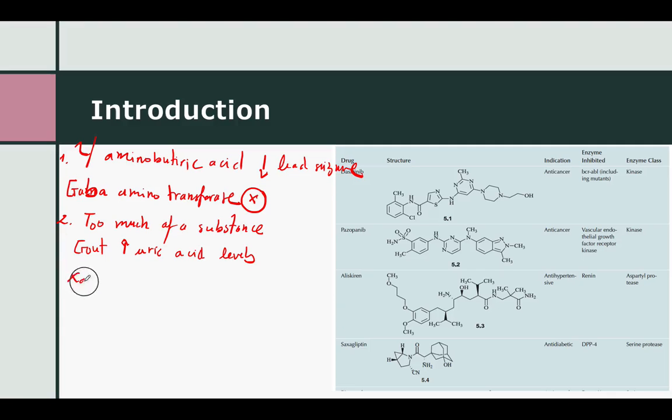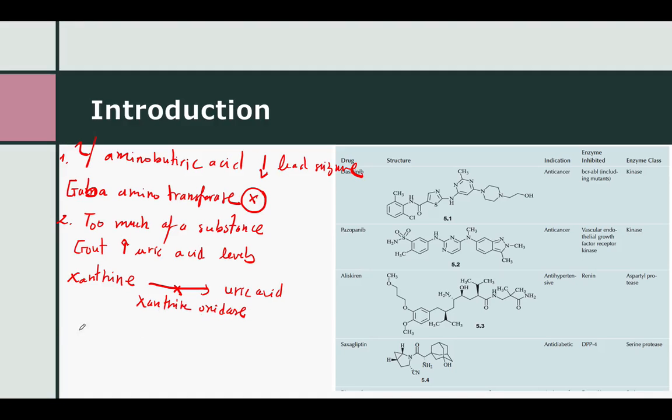The precursor for uric acid is xanthine, and xanthine is converted to uric acid by xanthine oxidase.